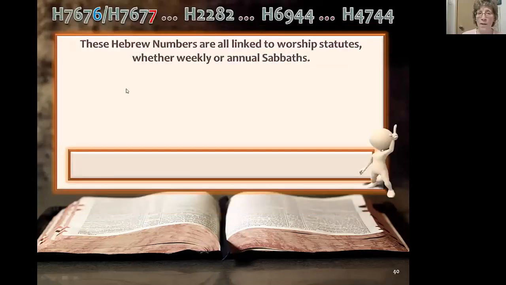That all sounds really good. So let's compare these numbers. Remember, we have our Shabbat with 76 and our Shabbatons. Those are our Feast of Trumpets and Tabernacles. We have 2282, 6944, and 4744. Let's look and see how these are linked to worship statutes, whether they're weekly or annual Sabbaths.